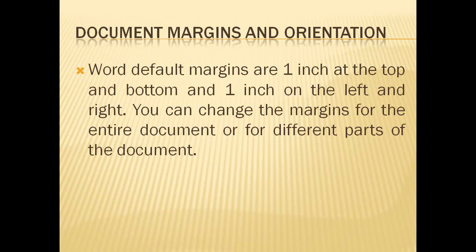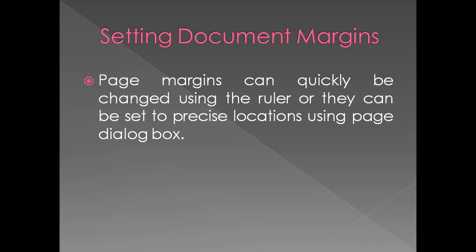By default, in Microsoft Word, default margin is 1 inch top and bottom, 1 inch left and right. You can define or set margins according to your requirement, like 1 inch, 2 inch, 3 inch, from left, from right, from top, from bottom, according to your need or requirements.